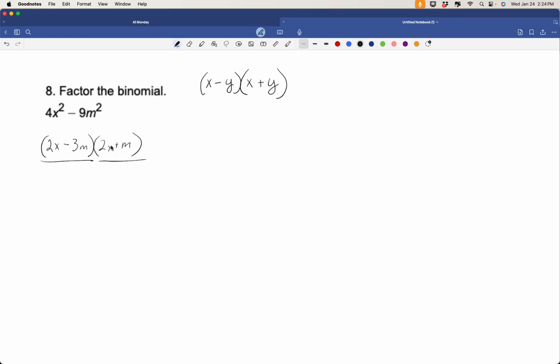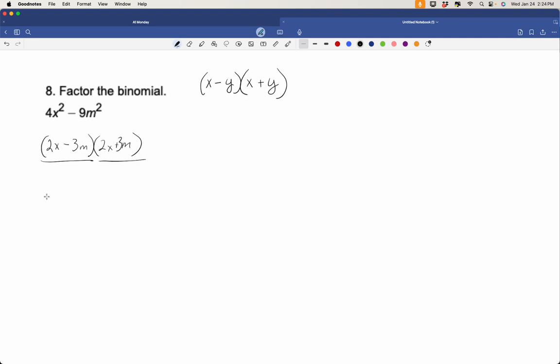Now, if you were to multiply this, you would find how this is true. That's because the first and last multiplication cancels. I don't know why I wrote this without the 3. I should have had a 3. Sorry about that. So you'll find that they cancel each other out.